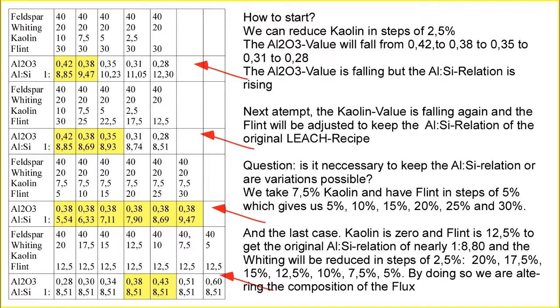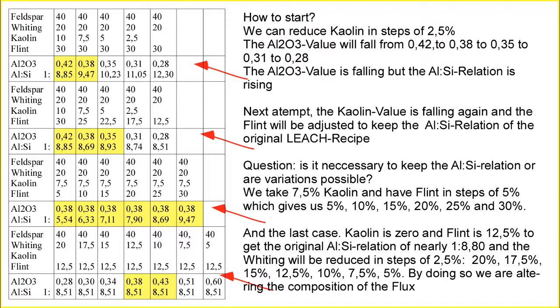The next attempt, the alumina value is falling again, and the flint will be adjusted to keep the alumina-silica relation of the original LEACH recipe. You can see the Al2O3 value is starting with 0.42 and is ending with 0.28.